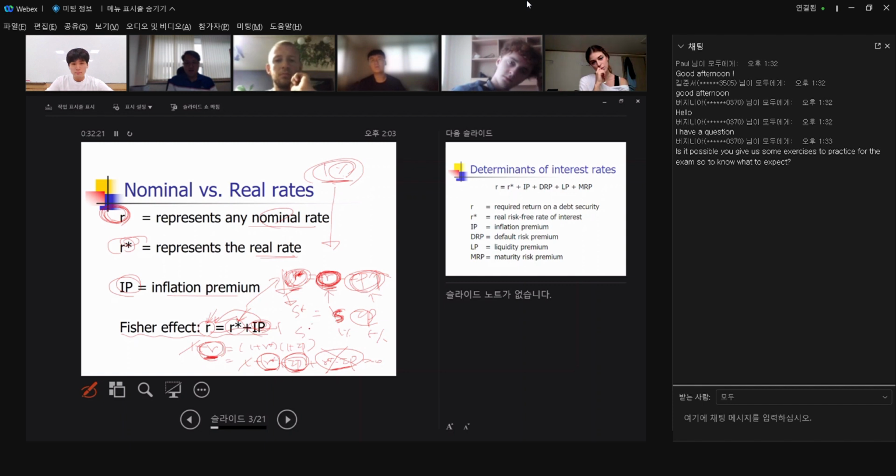Then my real salary is what? It decreases 4%. That's real. In real life, this is a real example. So I'm very poor.